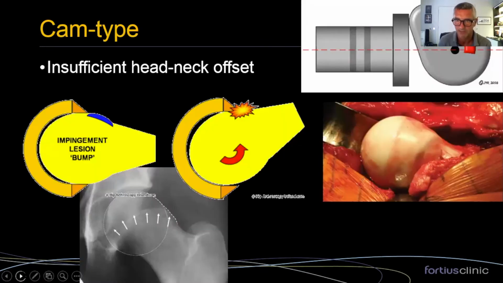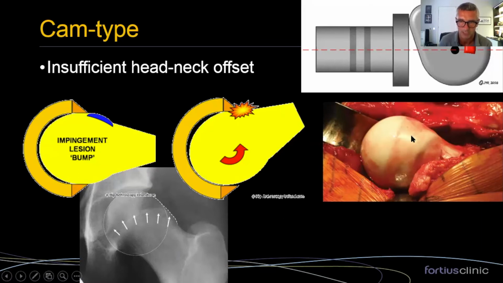You can't ever have a hip impingement lecture without some form of explosion. This is the typical appearance, where the Americans simply call it a bump lesion. You have the flattening of the femoral head-neck junction hitting against the labrum, causing a little explosion. It's called a Cam on the basis of the camshaft of an engine.